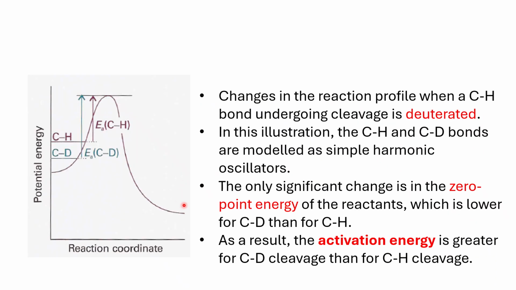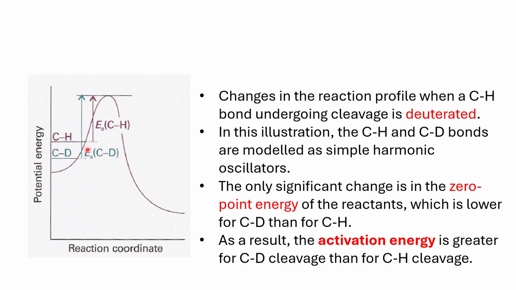This diagram shows the changes in the reaction profile when a C-H bond undergoing cleavage is deuterated. To understand this picture, we are modeling the C-H and also the C-D bonds as simple harmonic oscillators.